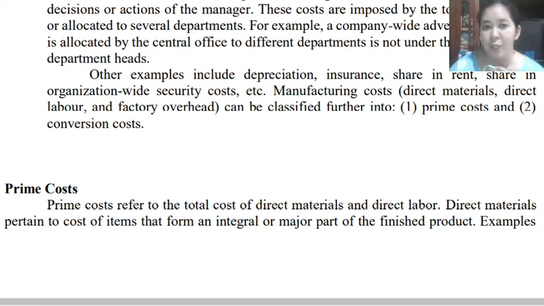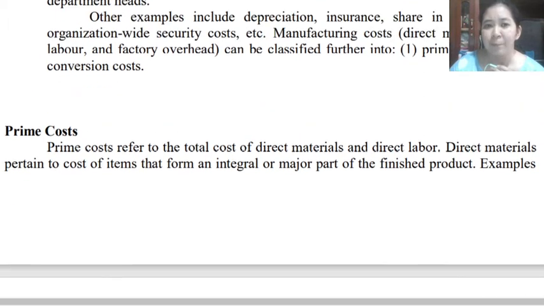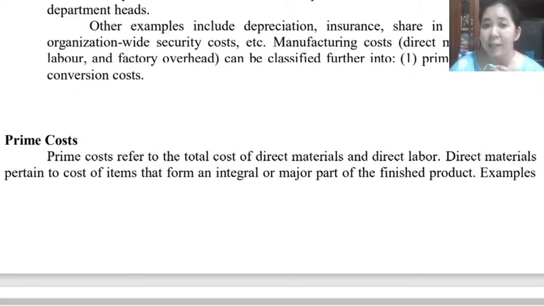When we say prime cost, these are the costs that refer to the total cost of your direct materials and direct labor. Meaning, these are the primary costs incurred which are directly related to the production of our goods. That's why only direct materials and direct labor are included under the prime costs.